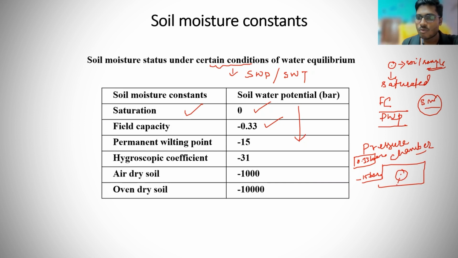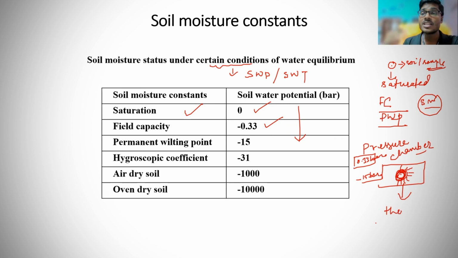As a result, the water will leak out of the soil, and the exact amount of water that should be held at minus 0.33 bar will be held in the soil. We will take the soil out of the pressure chamber and determine the soil moisture content using the gravimetric method, and that will be the soil moisture content at minus 0.33 bar, or we can say the soil moisture content at field capacity. So this is the practical utility of soil moisture constants.